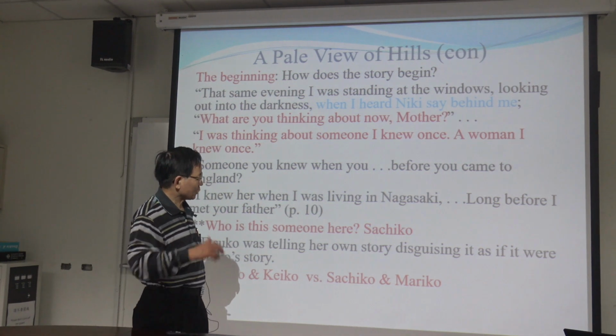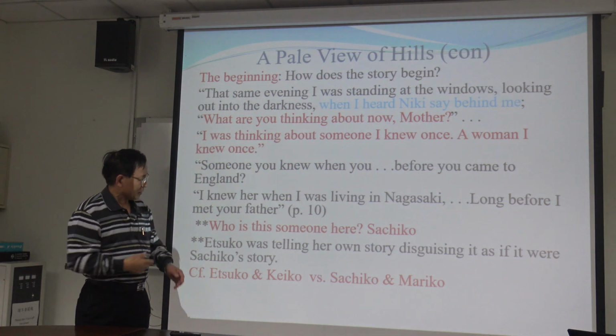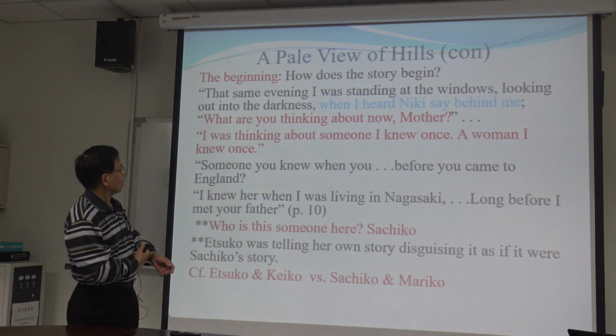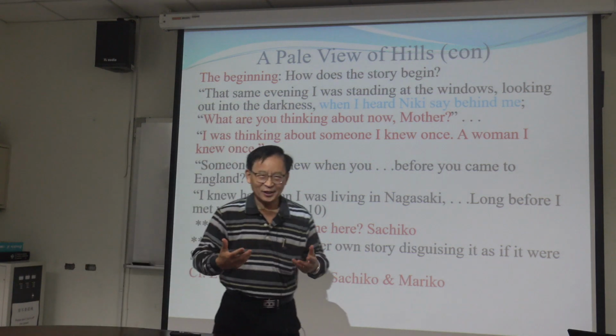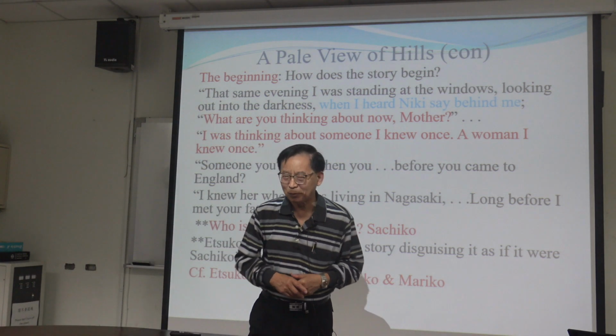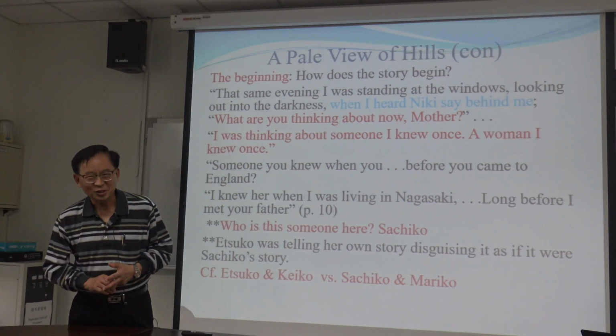So another interesting question for us to think about is, you could argue A Pale View of Hills is a tale of two cities. You remember the story, A Tale of Two Cities by Charles Dickens, 双城记.